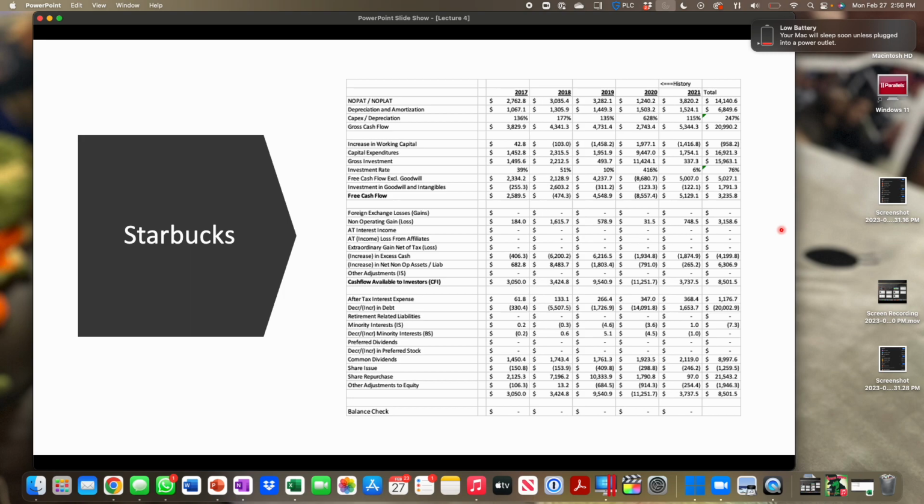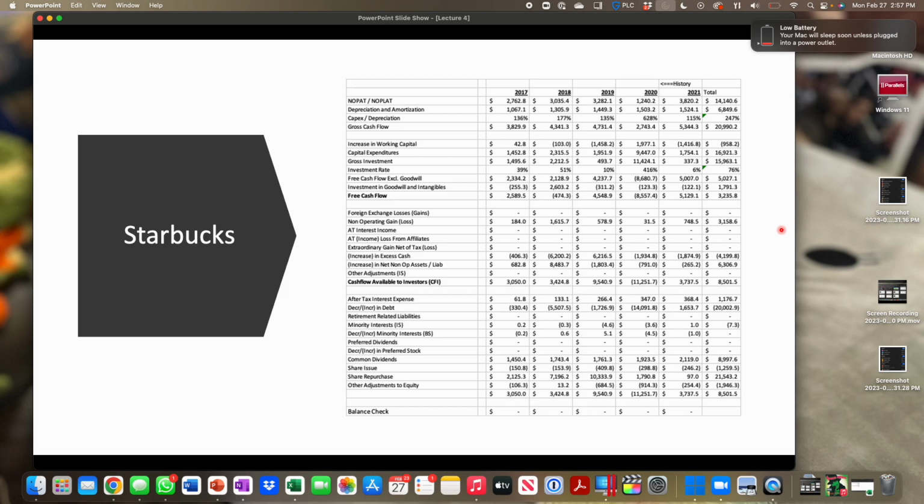Now the other number that's going to be important here is a ratio, the ratio of CapEx to depreciation. Right? And I mentioned this a little bit earlier when the other student asked the question. And I said, we assume that CapEx should equal depreciation if you're just trying to maintain what you got. It's an assumption we make in finance.